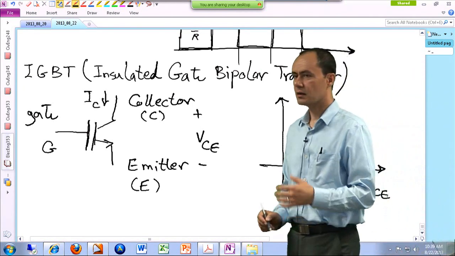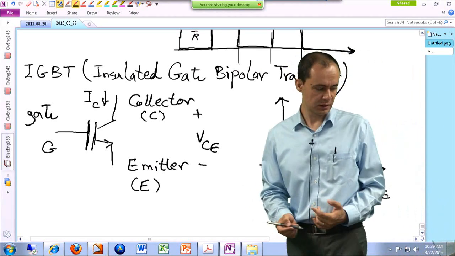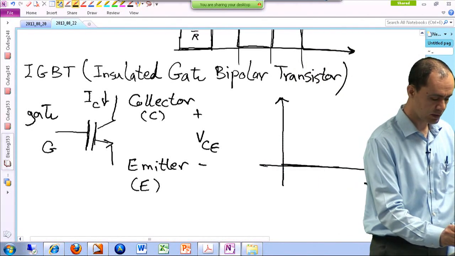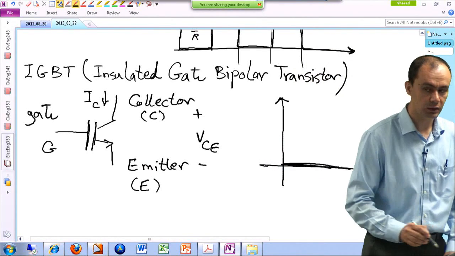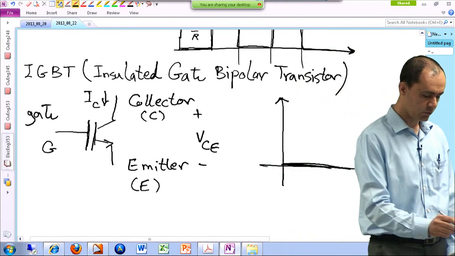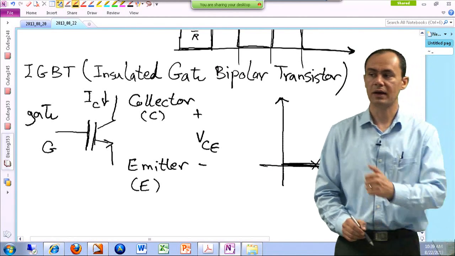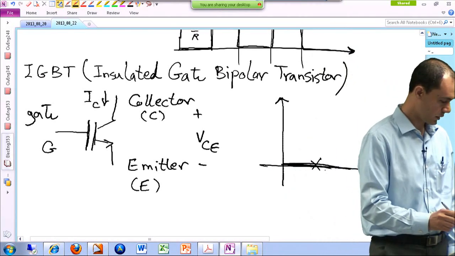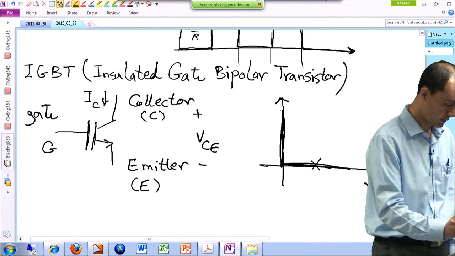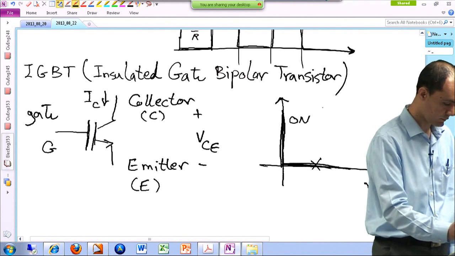If the gate has not been activated, or the gate to emitter voltage is 0, you can expect the device to block some positive voltages. And if you activate the gate signal, you basically have an ideal short circuit path, and that means the device is on or saturated.